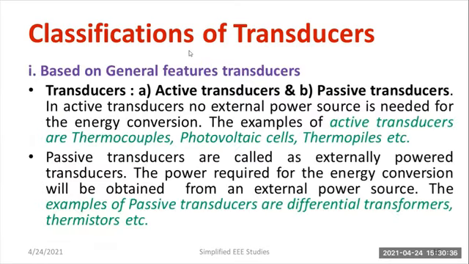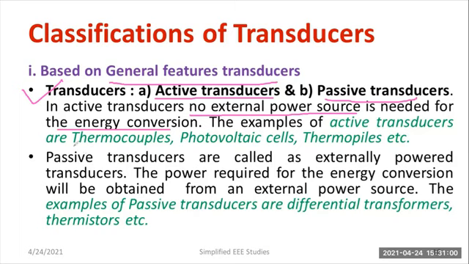First, I wanted to classify the transducer according to general features. You can divide the transducer into the active type transducer and passive transducer. So what do you mean by active transducer? In case of active transducer, as the name suggests, no external power or external excitation is required for the energy conversion.